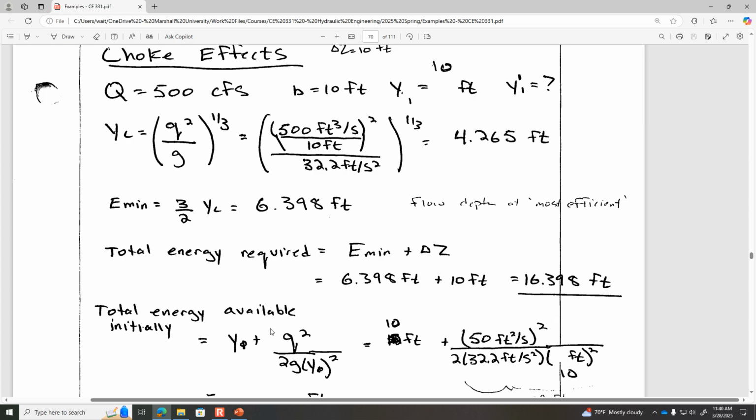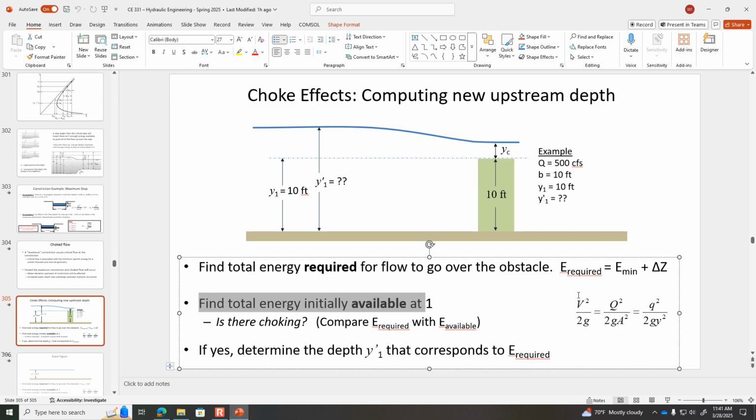The specific energy is the depth plus the velocity head. And velocity head we can express a lot of different ways. It can be v squared divided by 2g. Velocity head can be expressed in terms of Q squared divided by 2gA squared. Or it could be lowercase q, flow per unit width, squared, divided by 2g y squared.